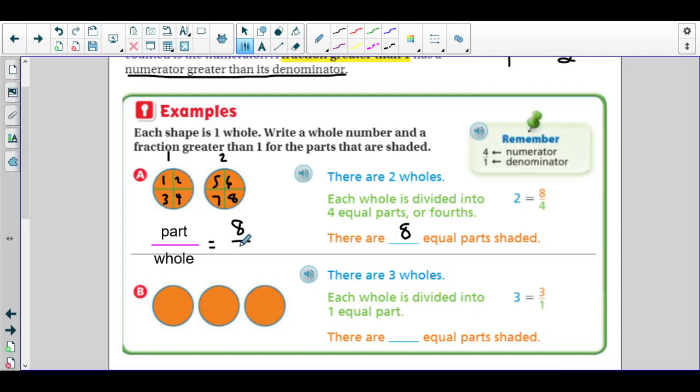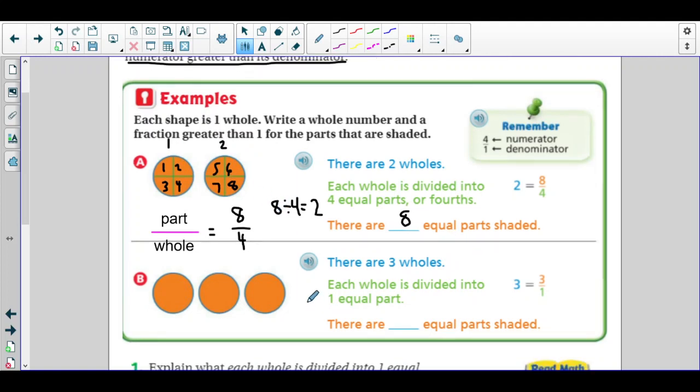Well, there's 4. Now, again, fractions are division problems in disguise. So we take this top number, 8, and divide it by 4, and we get 2, which is the number of shapes that we have up there.